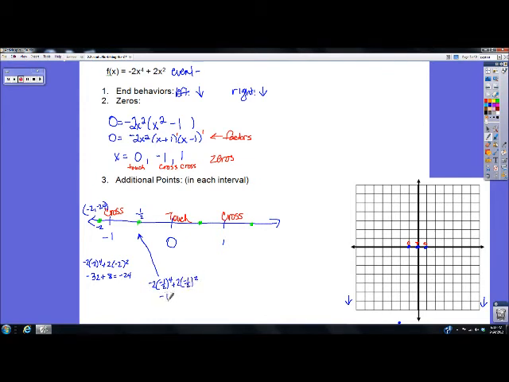Well, that's going to come out to be negative 1/8 plus 1/2, which will turn out to be 3/8. So this is going to be the point negative 1/2, 3/8. Okay, negative 1/2, 3/8. Little bitty right up there.